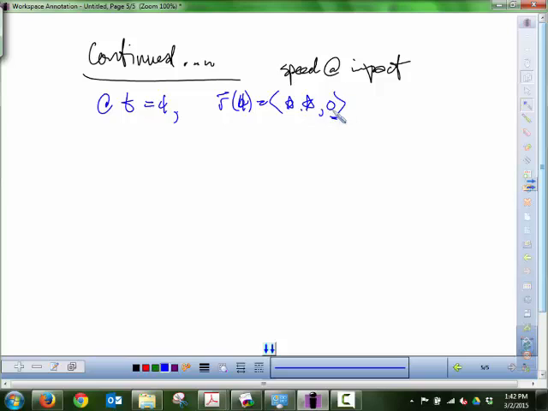So that's the time of impact, and the speed is just the magnitude of the velocity, right? So we need the velocity vector evaluated at 4, and then take the magnitude of that.